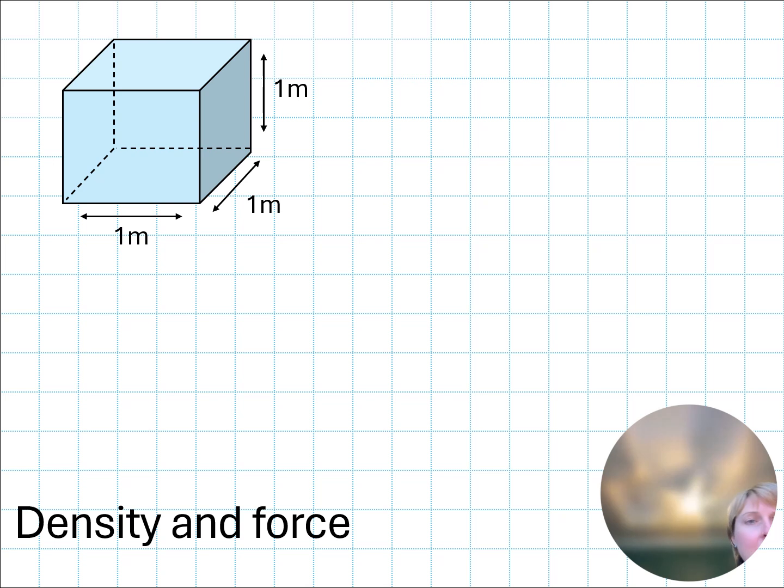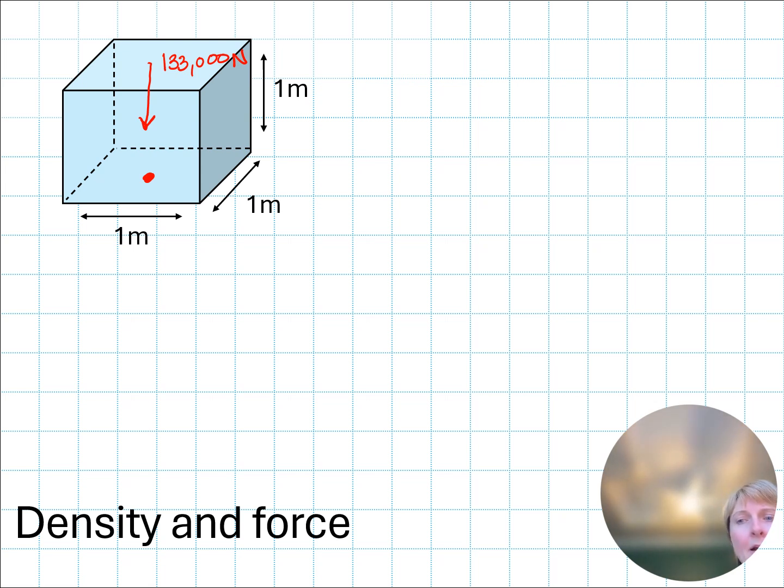So let's say I've got this 1 cubic meter of mercury, and I know that the force, or the weight of this mercury, as we've already said, is about 133,000 newtons, and it's going to be acting downward like this. If I am located at the bottom of this cube of mercury right here, of course, I'm going to be feeling the weight of all of that mercury on my body.